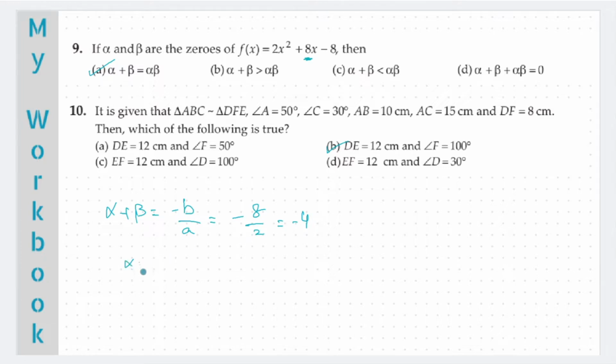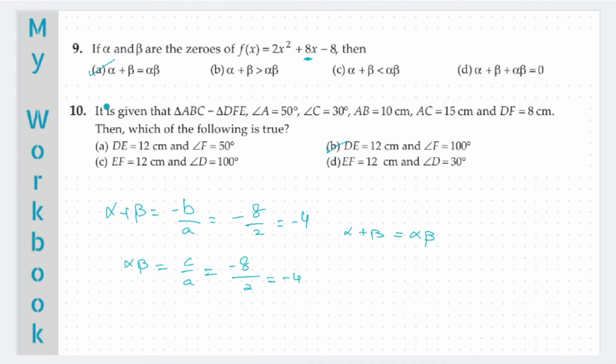And alpha beta, the product of the zeros, is given as c by a, where c is the constant term, which is minus 8, and a is the coefficient of x square, so you get minus 4 again. So you can see that alpha plus beta is equal to alpha beta, and hence option A is the correct answer.